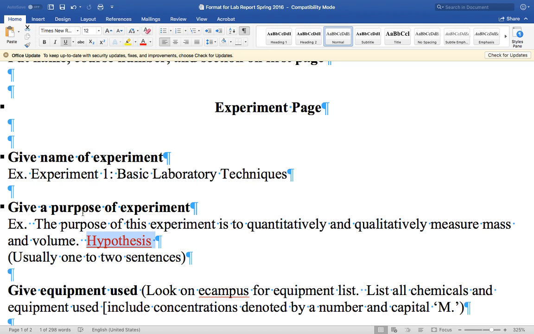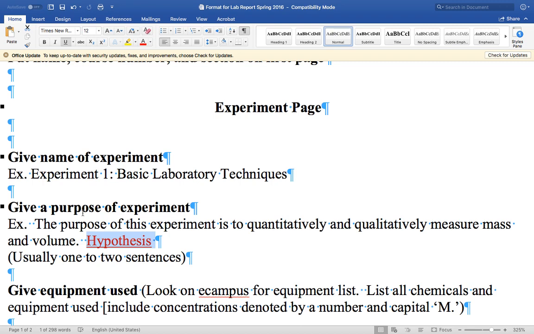However, you're going to read the background that is within your laboratory kit or your laboratory exercise. And from the background and what is presented there, you should make a prediction as to the end result of your lab. Now, this is a prediction. A hypothesis will be proven right or wrong at the conclusion. But here in the purpose, you're just simply making a prediction.